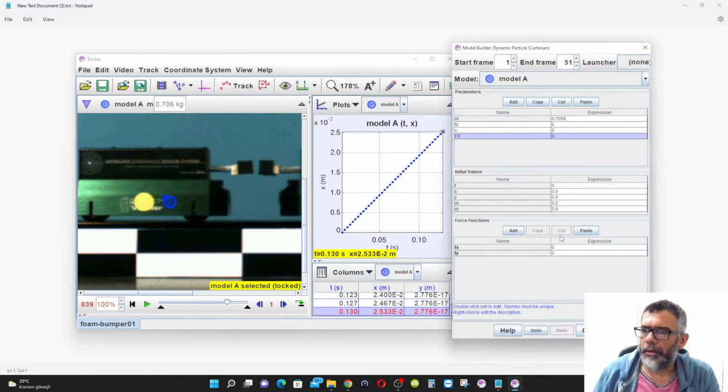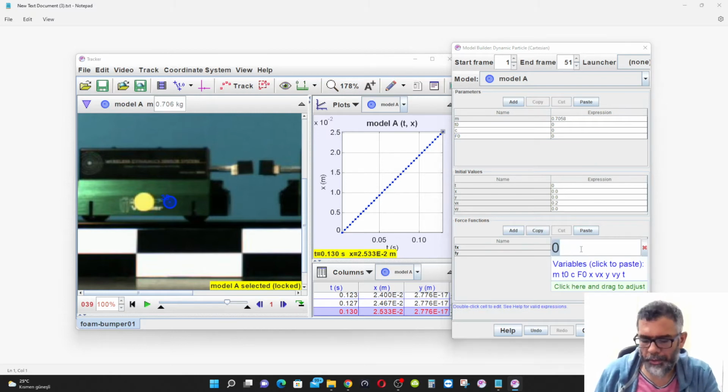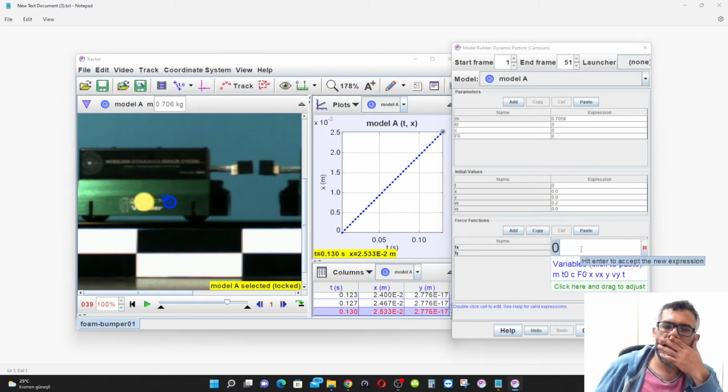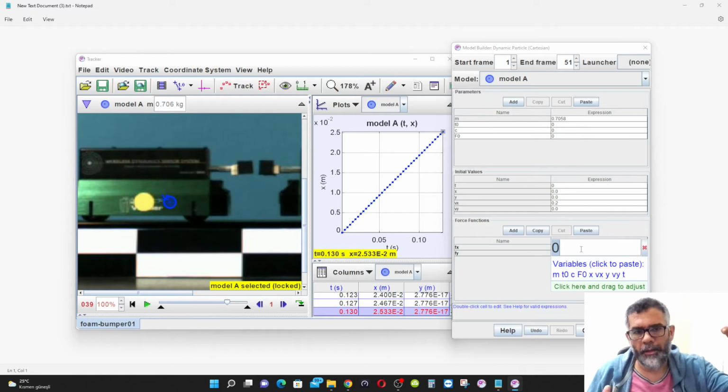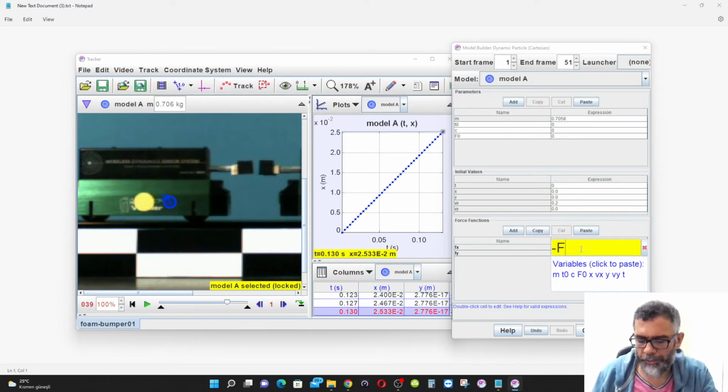Okay, and come over here, just type, well, it is going to be a negative force, so we have to put a minus sign over here, f0 multiplied by exponent, open a parenthesis, one more parenthesis, and one more parenthesis. Why am I doing this?